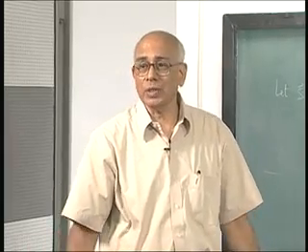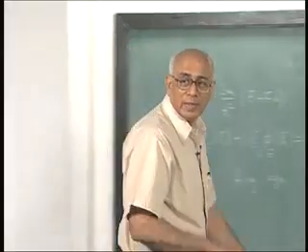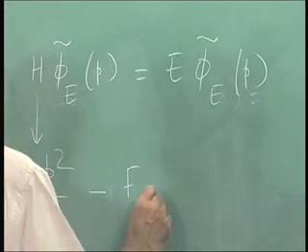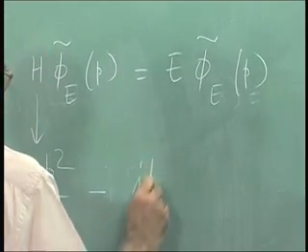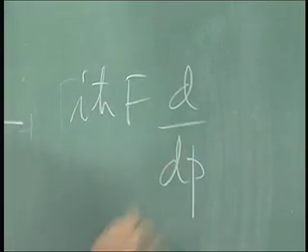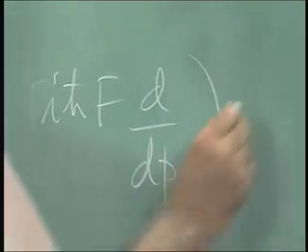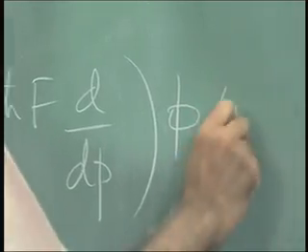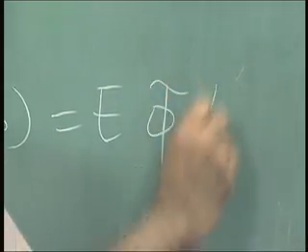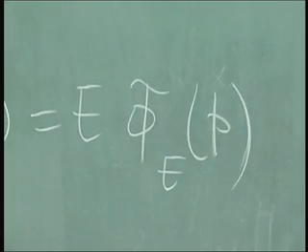Plus i h cross d over dp with a plus sign. So this would become very easy. That is the momentum space equation.